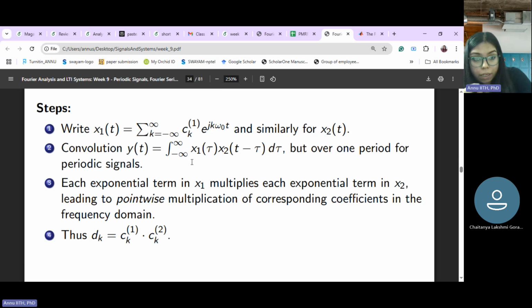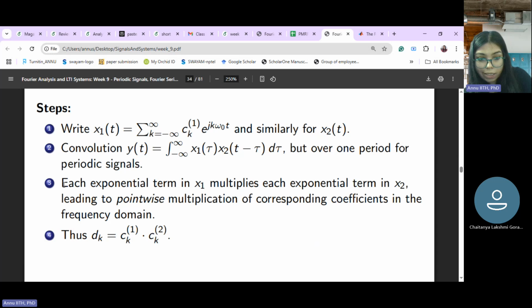So x1(t) can be written as the summation over k from minus infinity to infinity of ck1 e^(j k omega naught t), and similarly for x2(t). So the convolution y(t) can be written as the integral of x1(t) x2(t minus tau) d tau, over one period for a periodic signal, by the formula.